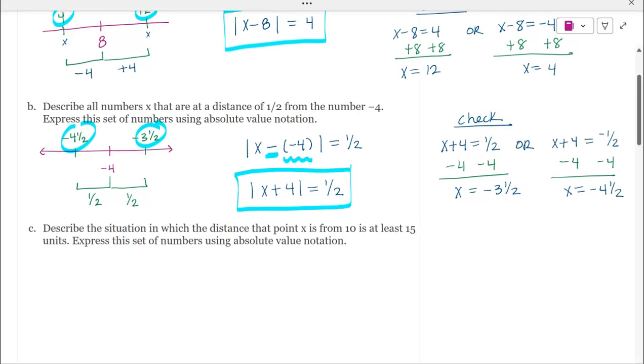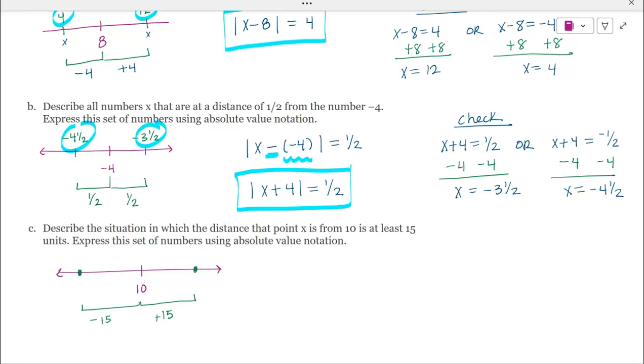For example C, we want to come up with a situation in which the distance that a point x is from 10 is at least 15 units. All right, let's think about this. 10 is going to be the center, and I want values x that are at least 15 units away. So 15 this way and 15 this way.